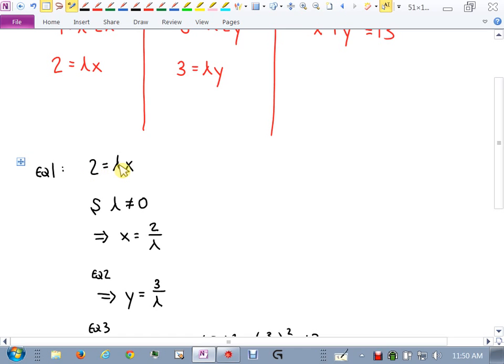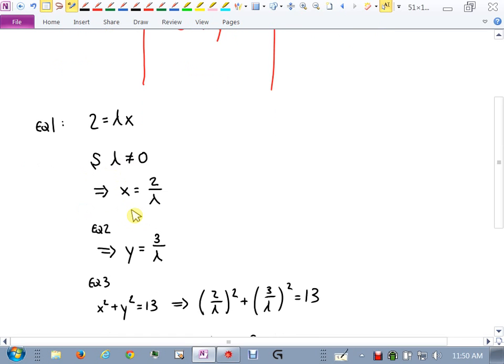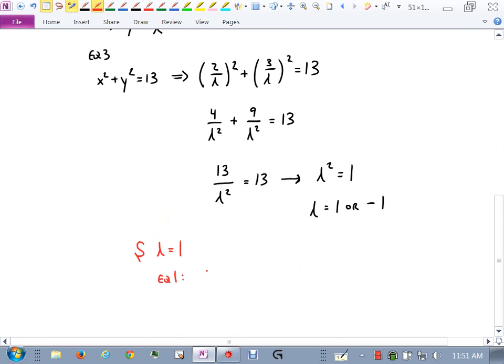We supposed lambda wasn't 0, and we have equations for both x and y. So x is going to be 2 over lambda, so that's 2 over 1, which is 2. And then similarly, equation 2 gives us that y must be 3 over lambda, which means that y must be 3.